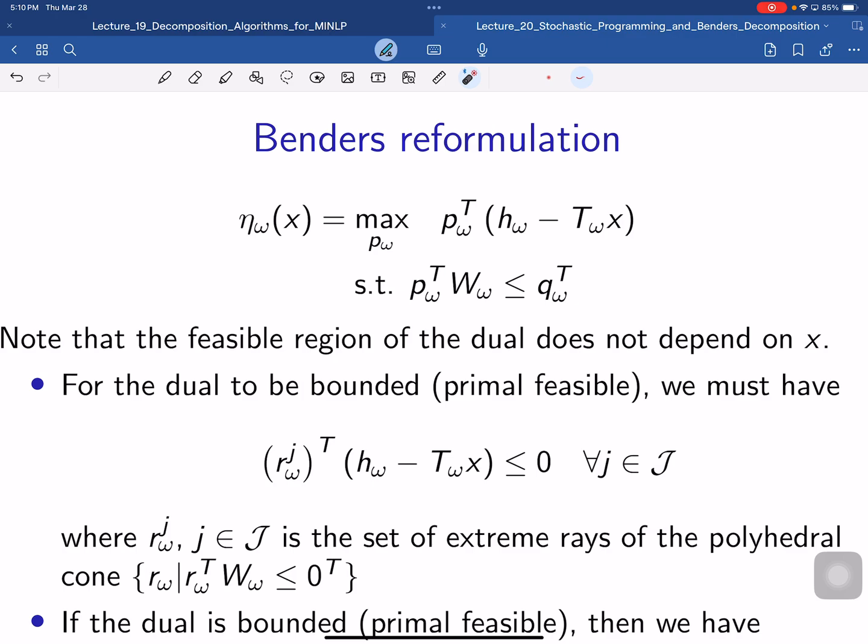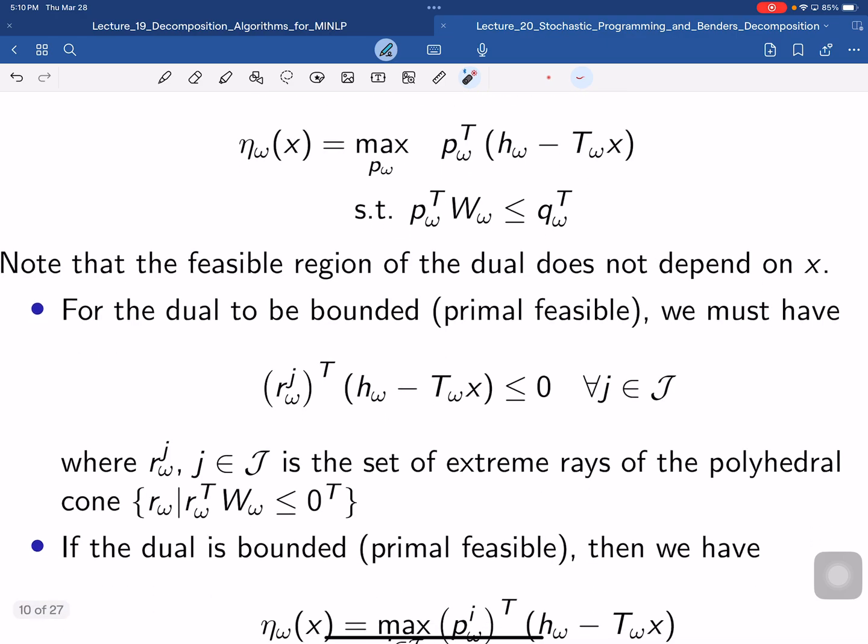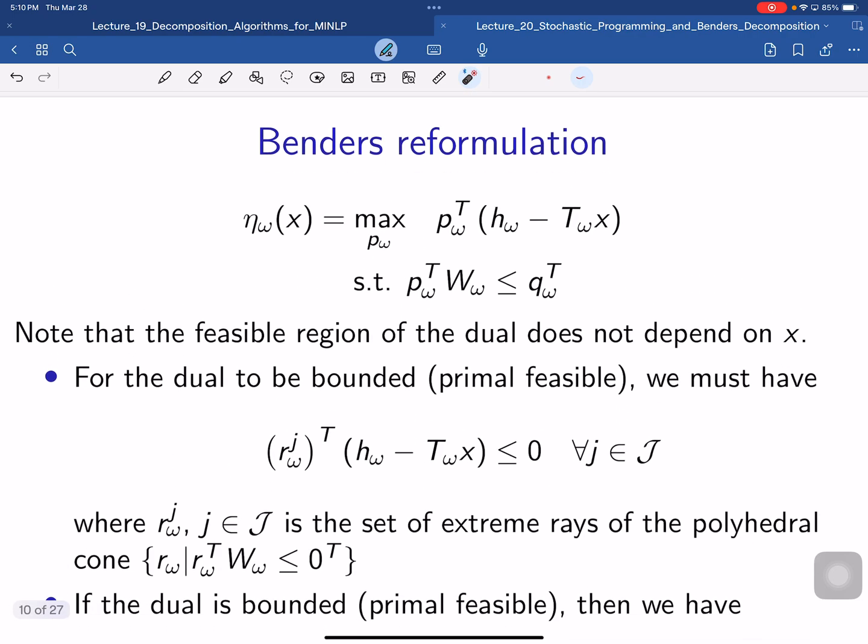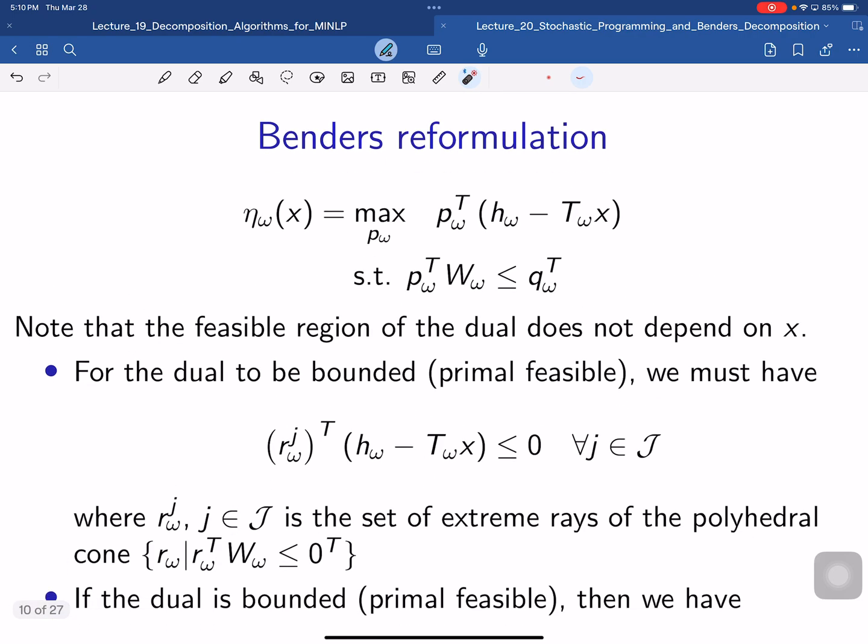Okay, so let's argue why it is the case. First of all, you want to enforce the condition that x is a feasible solution. Remember I said if you pick some first stage solutions, maybe your second stage problem is infeasible. When the second stage problem is infeasible, that means the dual is unbounded.